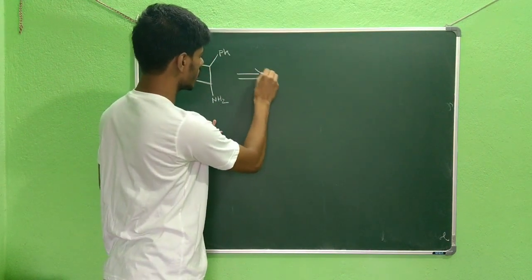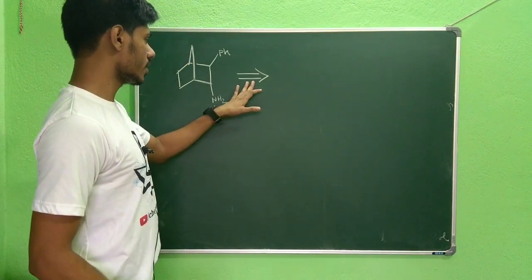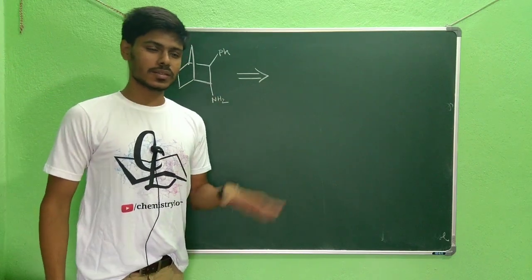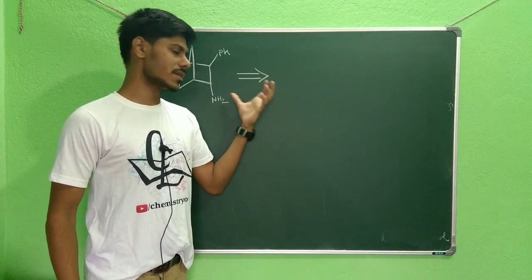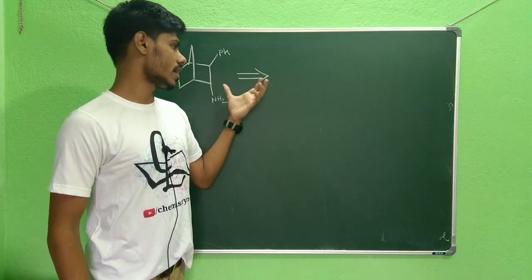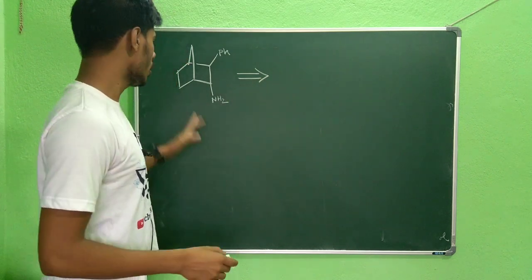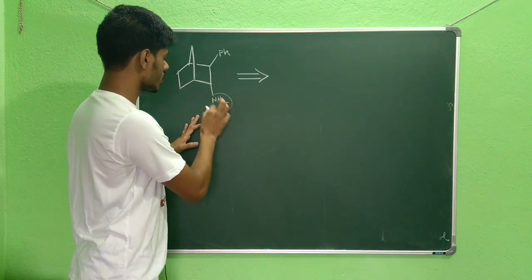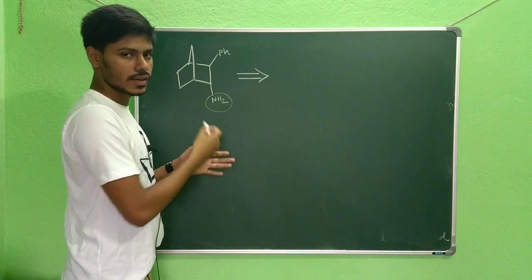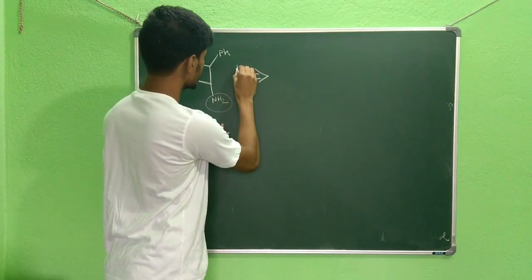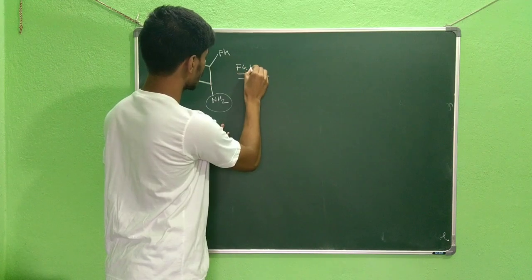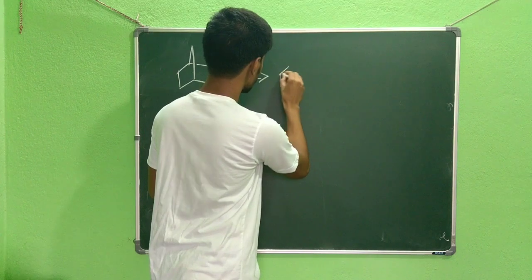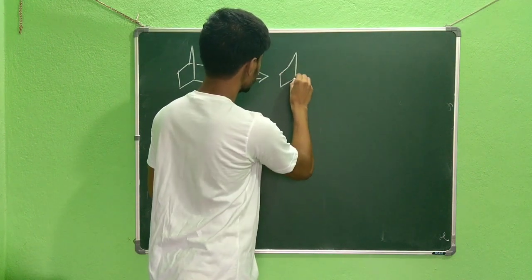If I do the retrosynthetic analysis, this is the standard retrosynthesis arrow. Even this some of you missed, so you must represent the arrow in the correct way. This is the standard representation of the retrosynthetic arrow. The first step would be the oxidation, because this is the reduced product. So the first step is FGI, functional group interconversion, and here you will have the oxidation of two groups.